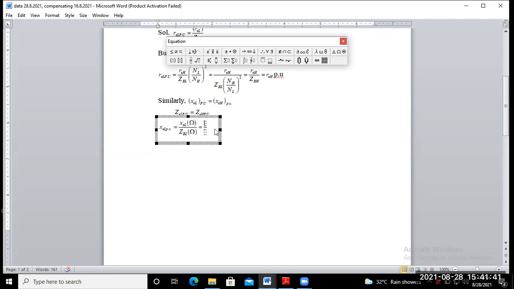So XEL in terms of XEH: XEH divided by ZBL into NL by NH whole square.